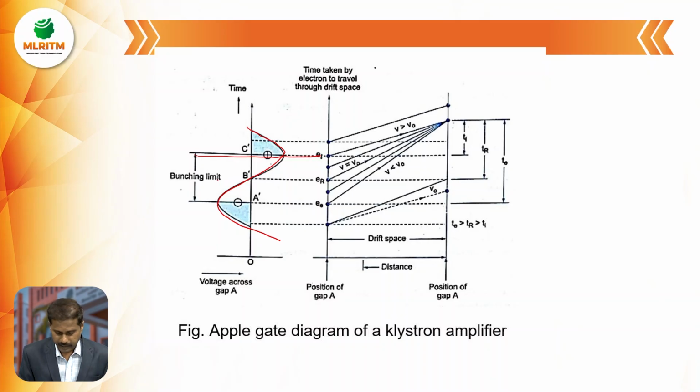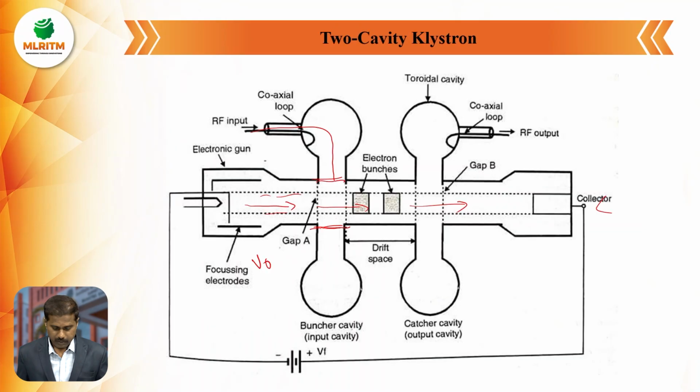When the electron hits the zero level of the signal, it will have the reference velocity. And if it hits the negative side, its speed will be slow. So this alternating signal is generated by the RF input.